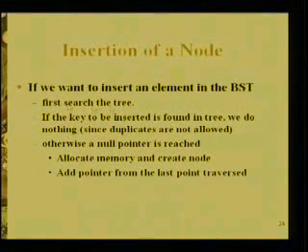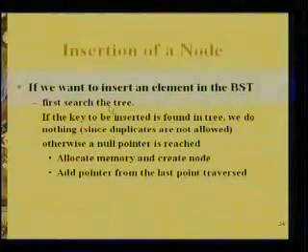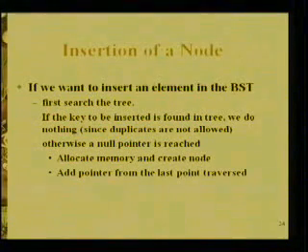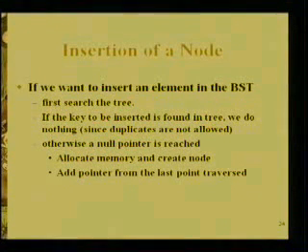That is, what is the searching algorithm? You compare with the root or the current node, and if the given data value you are searching is less than the key value available, you go to the left subtree, otherwise you go to the right subtree, and if the value is equal, you have found it, right?